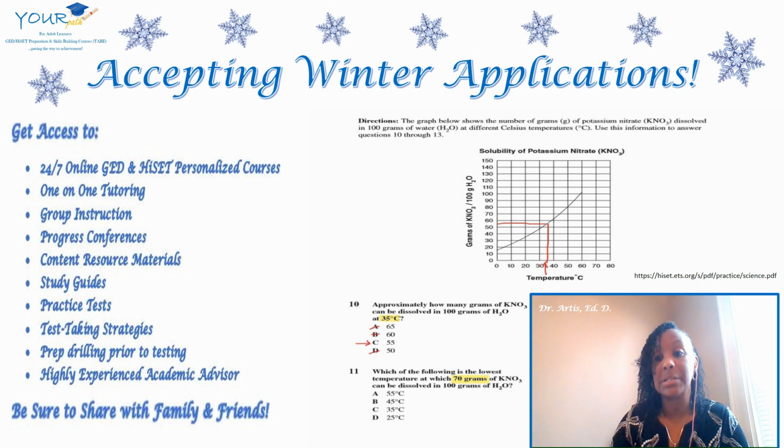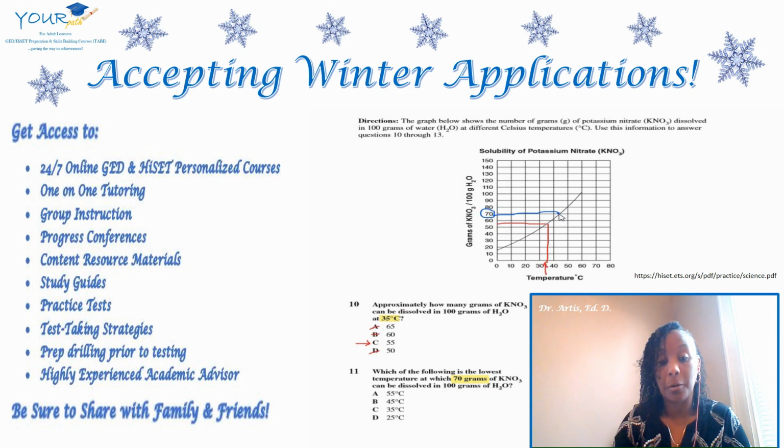So in order to find this particular answer, we're actually going to look at our graph starting with the 70 grams of potassium nitrate in 100 grams of water. So we're going to come here and we identify 70 grams. And now when we go across our graph at 70 grams and we align it to the slope here, okay, it aligns here.